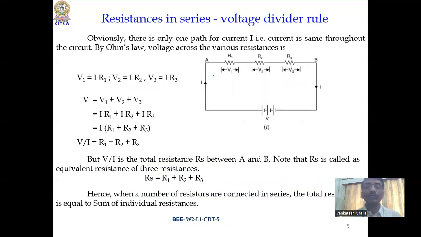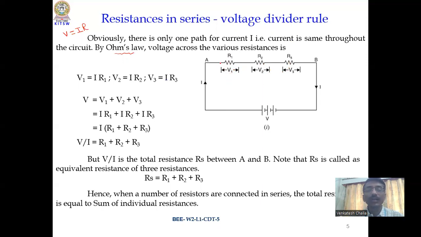Now, because of the current flowing through resistance R1, there is voltage developed across it. How is it developed? Because of Ohm's law. What is Ohm's law? Ohm's law states that the voltage developed across a resistor is proportional to the current flowing through it, and that proportionality constant is R. So V is equal to I into R. Now, if V1 is the voltage developed across R1, V2 the voltage across R2, and V3 the voltage across R3, let us see what these voltages are.